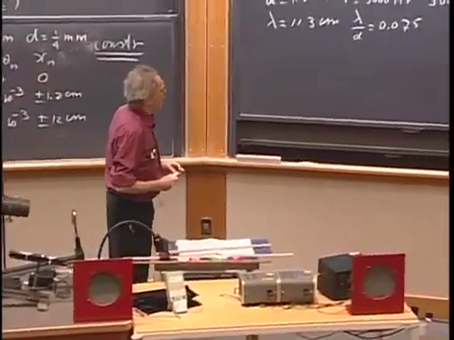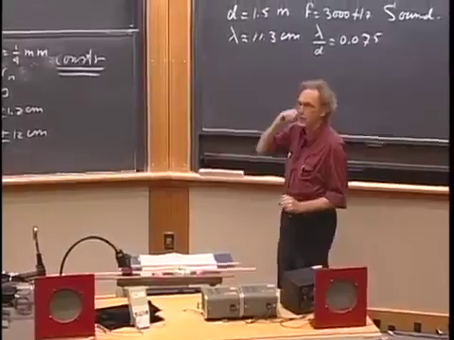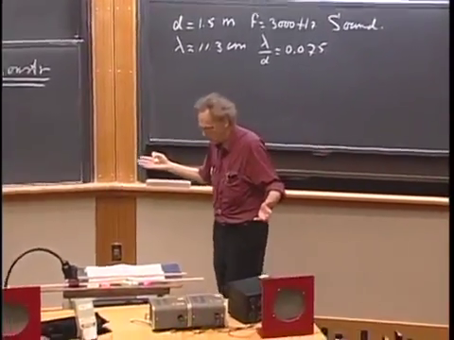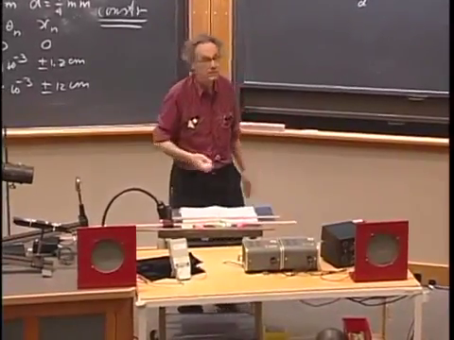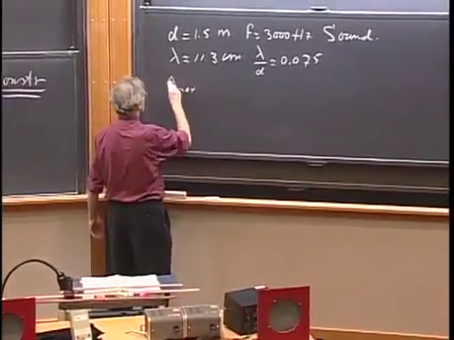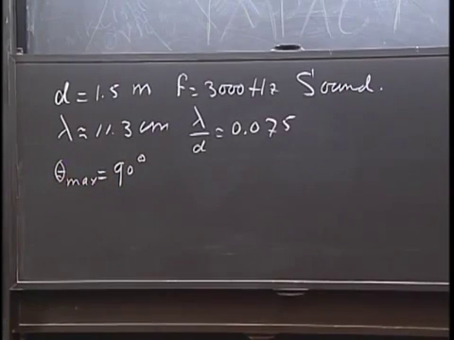So in order to do that, we simply have to stick in our equation, d sine theta equals n lambda. We just put in theta is the maximum value possible, and that is 90 degrees. So you put in theta max, and that is 90 degrees, pi over 2 radians.